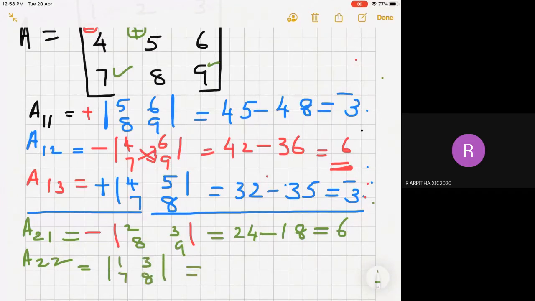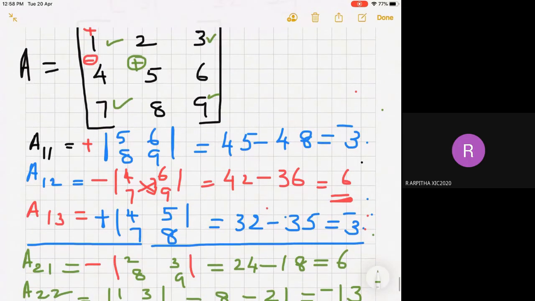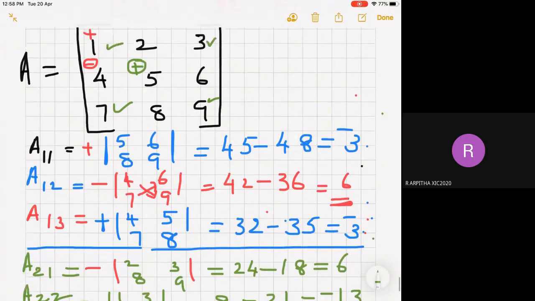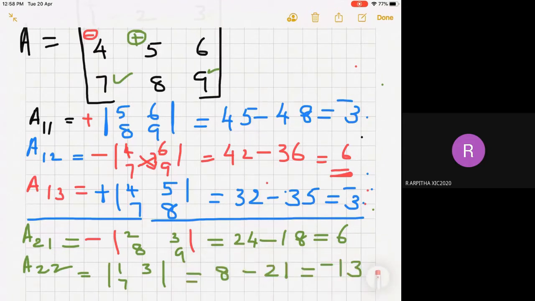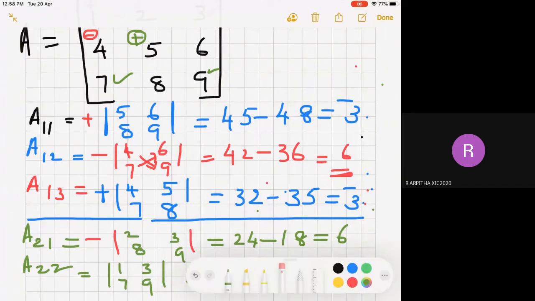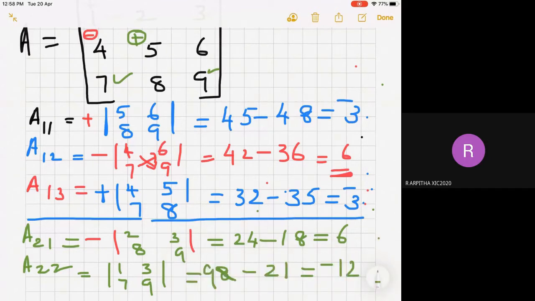Its value is 9 minus 21. So that is minus 12.